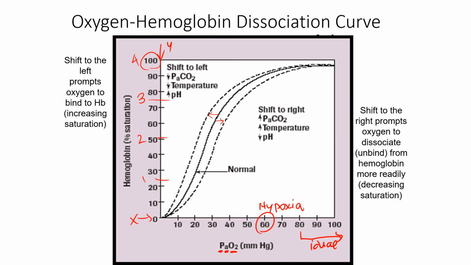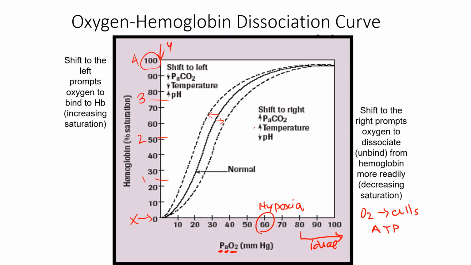Shift to the right prompts oxygen to dissociate or unbind from hemoglobin more readily. That decreases saturation. Where's the oxygen going? Cells. What's it doing there? It's going to make ATP. So let's think about this. If you're exercising and you're getting warmer as you exercise, there's increased temperature.